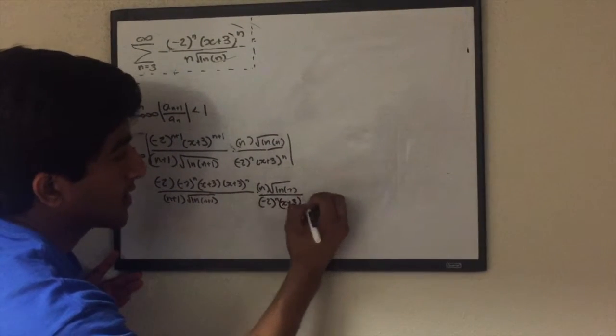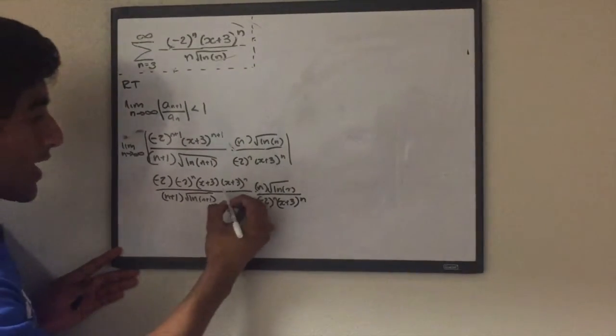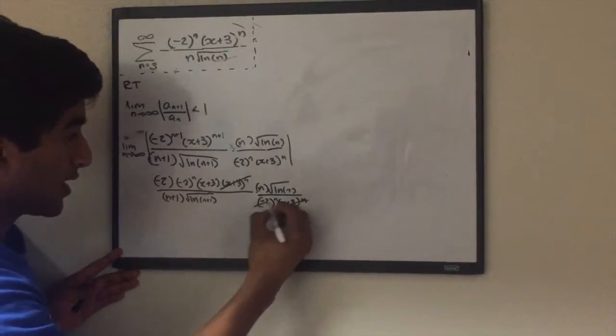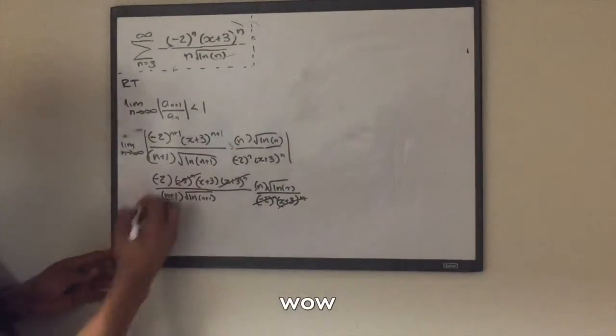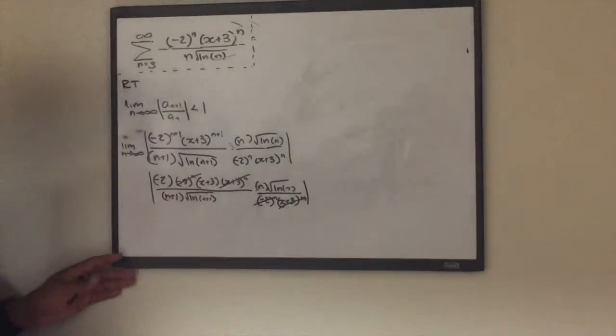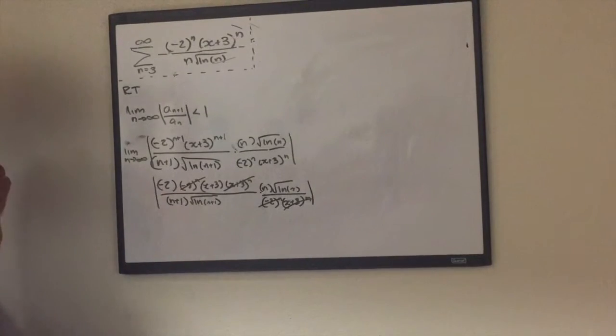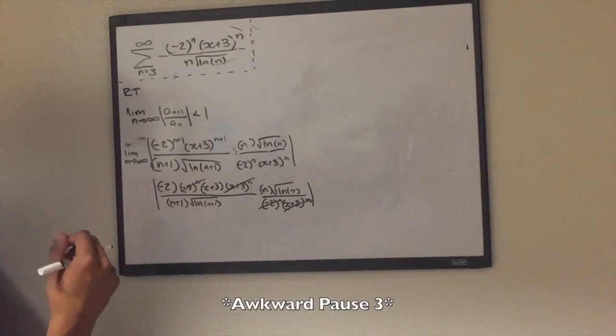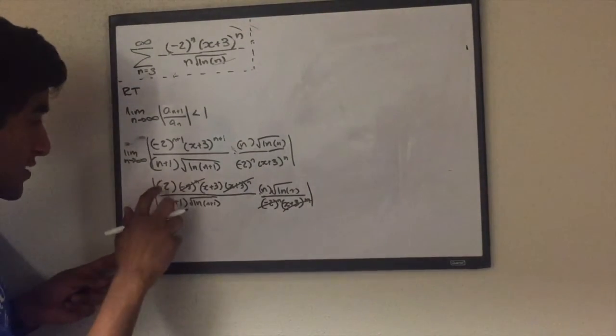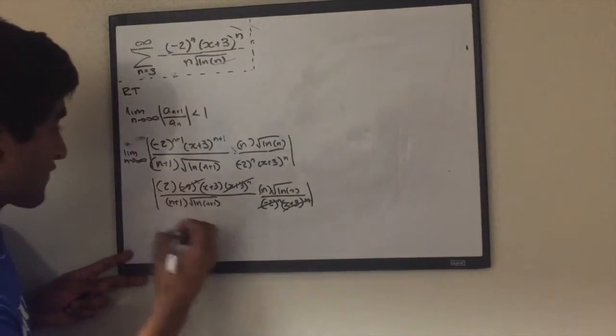This gives us the capability of canceling out x plus 3 to the n and negative 2 to the n. Also, because this whole thing is absolute valued, we can get rid of the negative sign on any of the parts of the equation. So we can get rid of this negative.